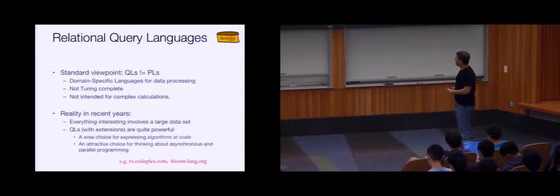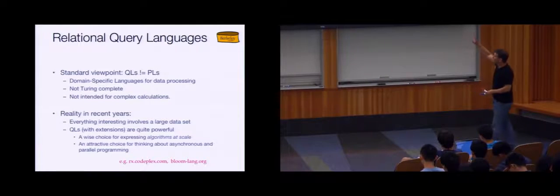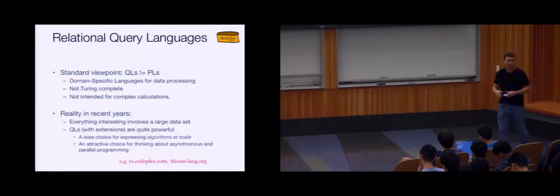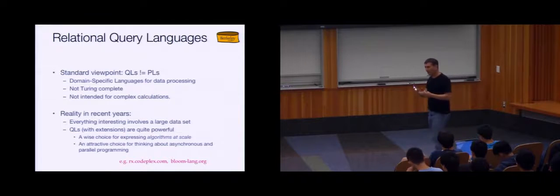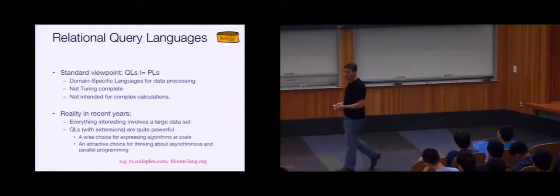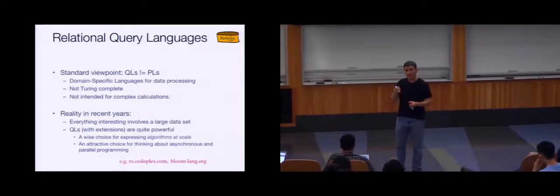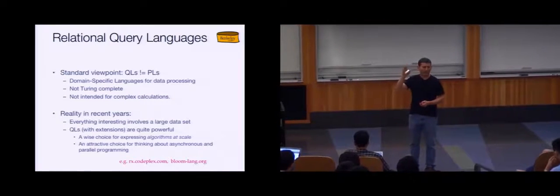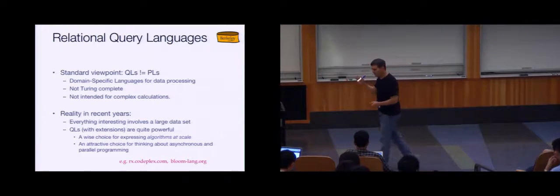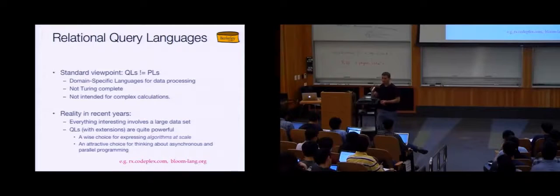And actually, query languages with extensions are quite powerful for expressing algorithms at scale in the way I described, like parallelizing Java code very hard, parallelizing SQL quite easy. In fact, we already saw how to, really briefly, and we'll go back to it, but we talked about how easy it would be to parallelize hash join or partition, or the sorting algorithm we learned, right? And that stuff is really almost that easy.